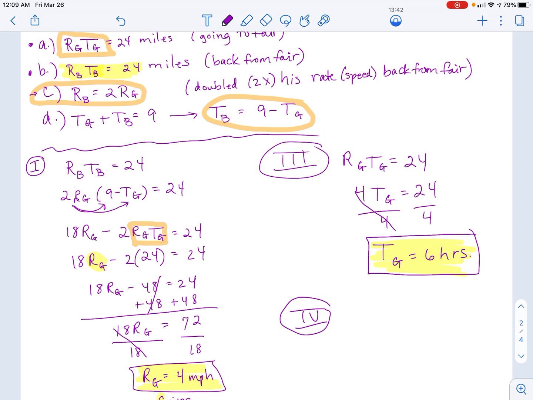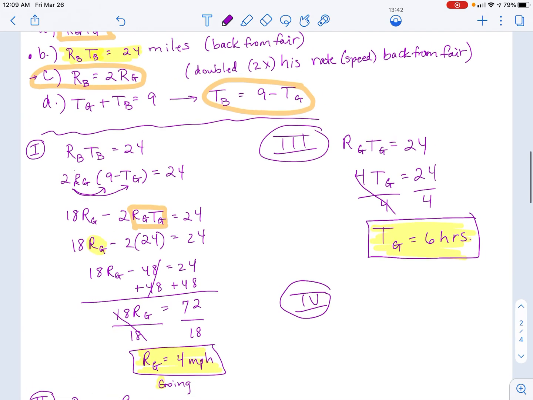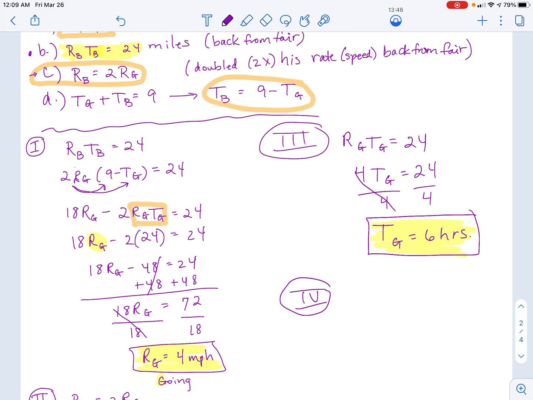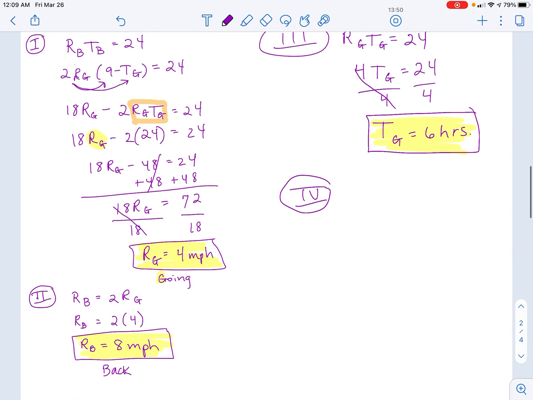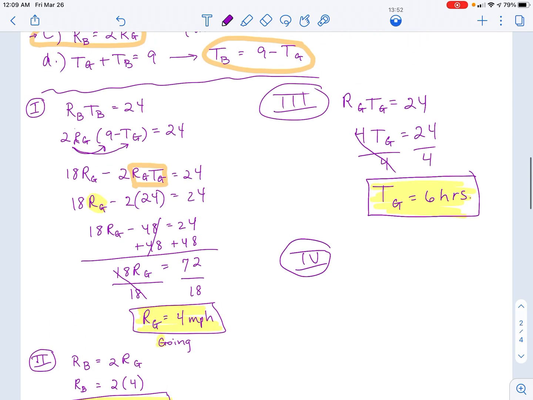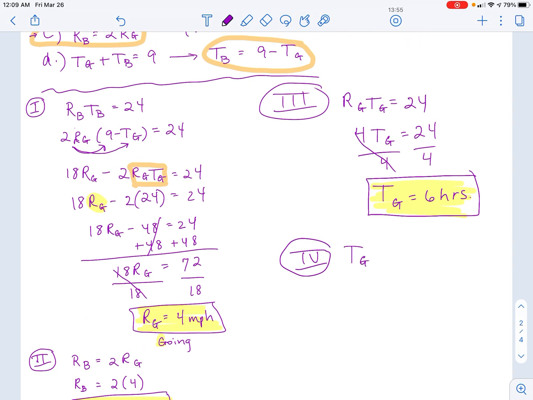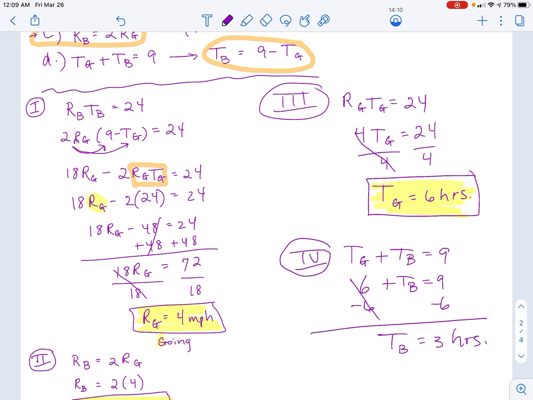We can actually use D, we could use B. I'm just going to choose to use D, and D is TG plus TB equals 9. So we're going to plug in our TG that we just solved with 6 plus TB equals 9. We'll subtract 6 from both sides. The time it took to get back from the fair was 3 hours.